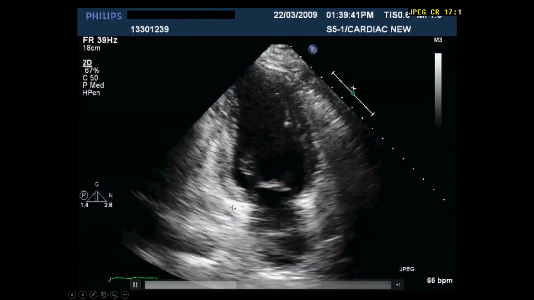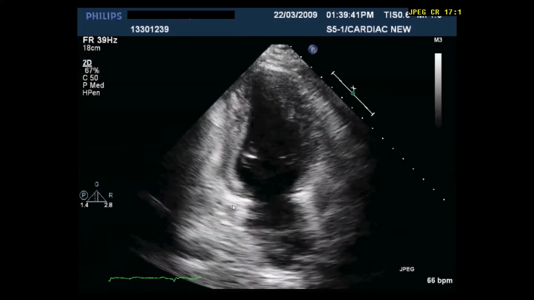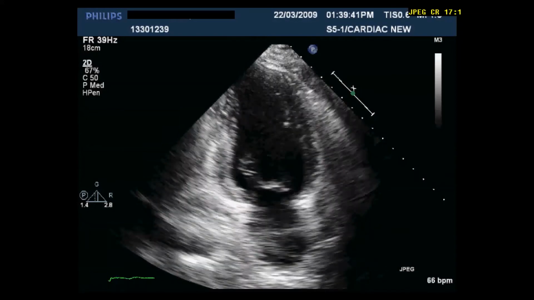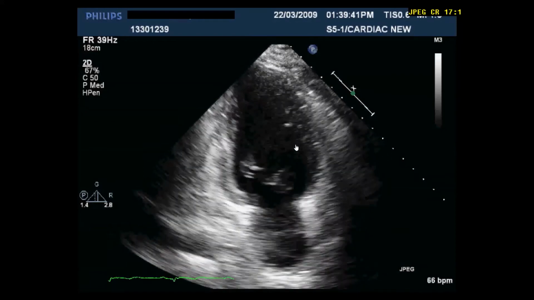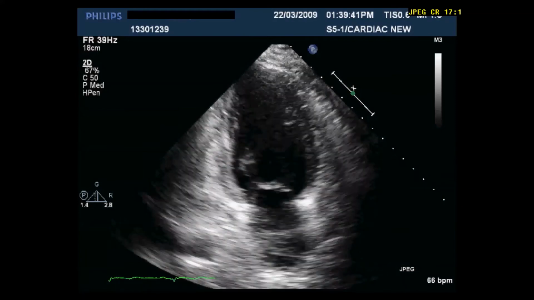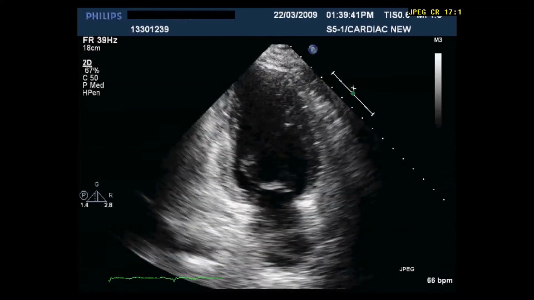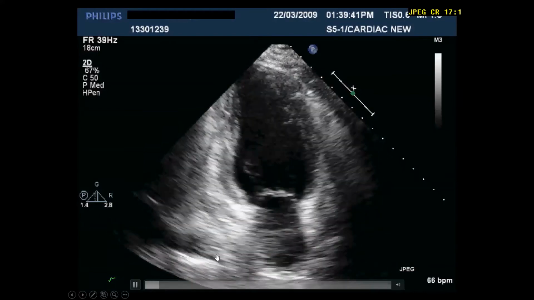This is inferior. So that's why, I tell you, regionality is really tough. It's really tough. You have to be so sensitive. If you look quickly at this image, you may say there is nothing, or perhaps it looks like a global problem. No, it's not global. Look at this inferior wall. Is it moving? Yes, it's definitely moving.